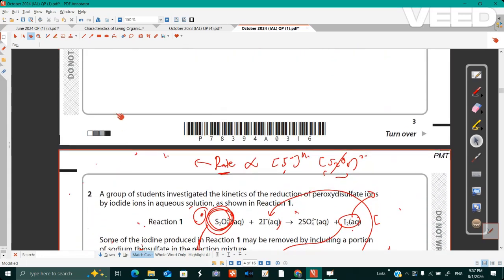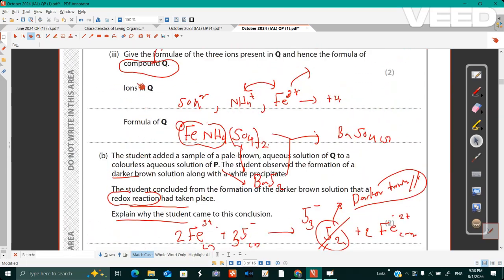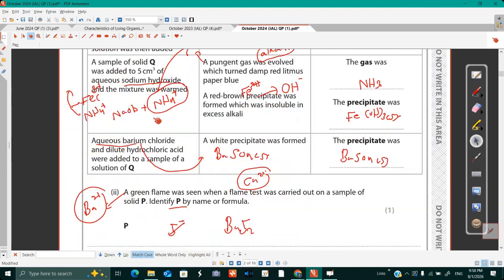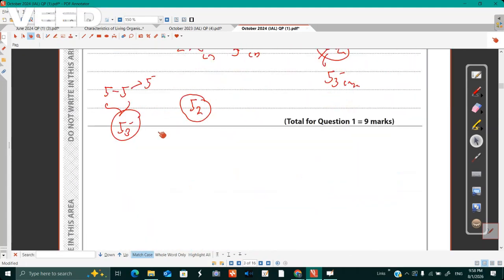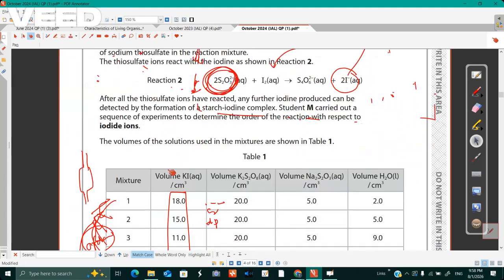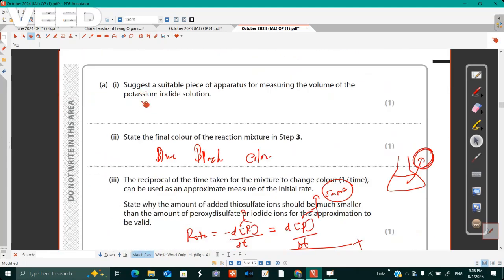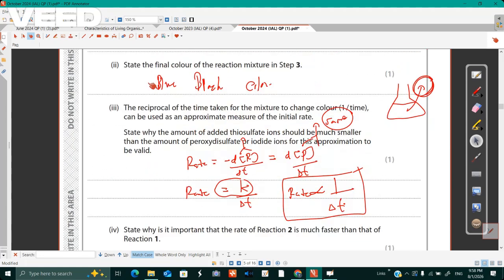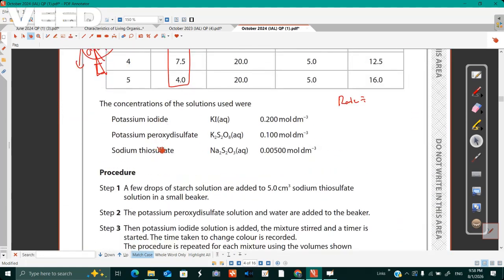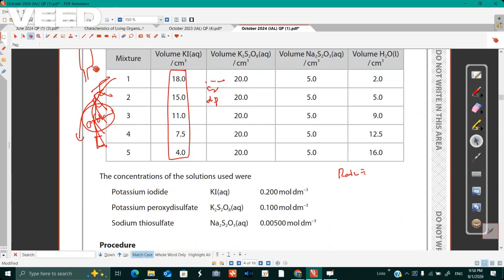They have mentioned the concentration as 0.2. Volume is 11. 0.2 is there in 1000. This is my way of doing it. In 1000 you have 0.2 and they have used 11.